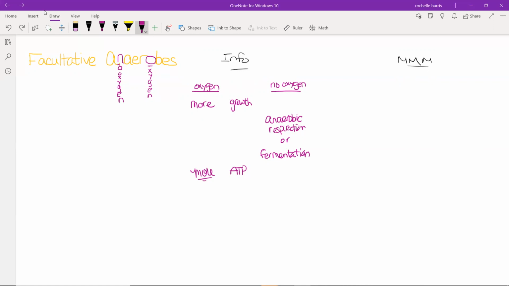So there has to be another type of electron acceptor. And here we see other electron acceptors can be nitrate, sulfate, and carbonate.